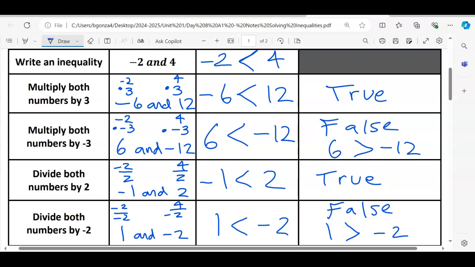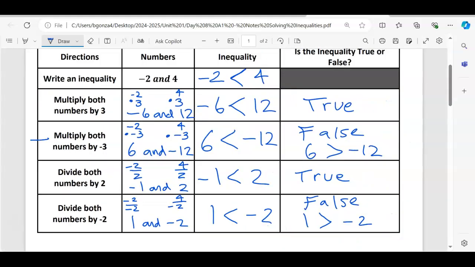Okay, now you'll notice some are true, some are false. What is the common thing you notice about these false ones here and here? What kind of number did we multiply or divide by? Y'all see those negative signs, right? So when I multiplied by a negative or I divided by a negative, it turned out false.